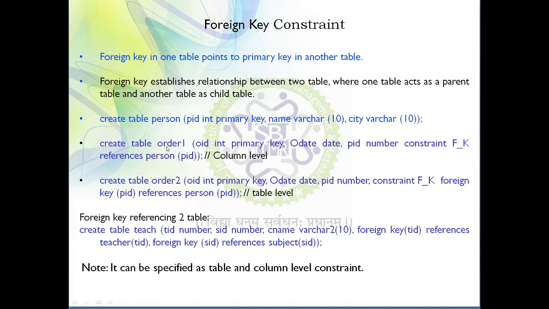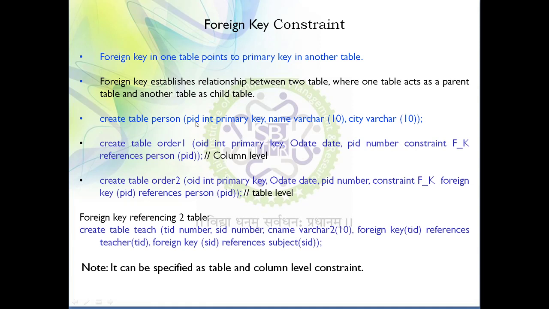Now the second table is an order table. An order one table is there in which order ID is there, order date is there, and this person ID acts as a foreign key. So this person ID is the same as the person ID in the person table. See, in this case, person is a parent table and order one is a child table.